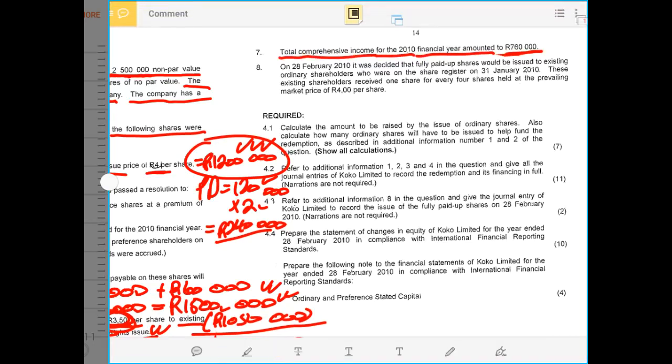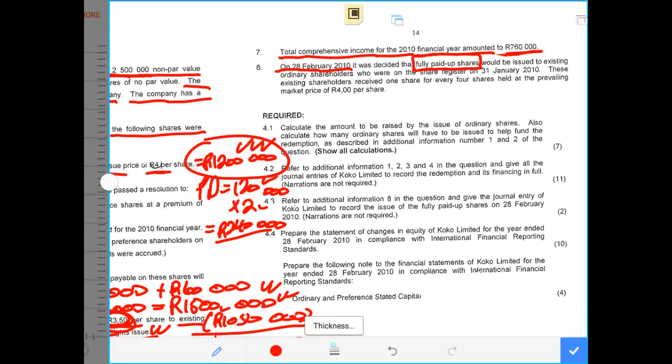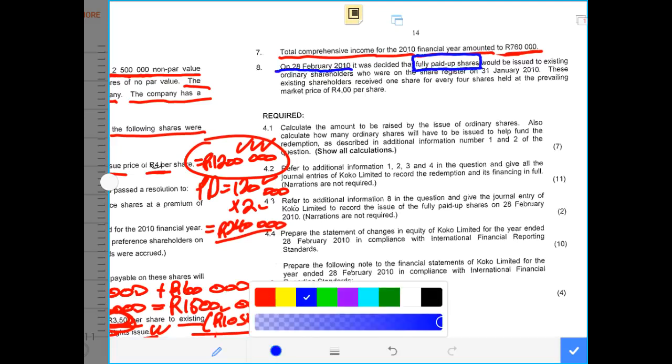Then after, the last journal entry before we do what is required says to us, on the 28th of February 2010, it was decided that, take note of that, fully paid up shares, let me circle that in red, fully paid up shares. And fully paid up shares are the shares that are fully paid up.